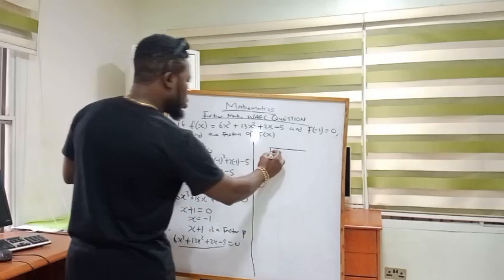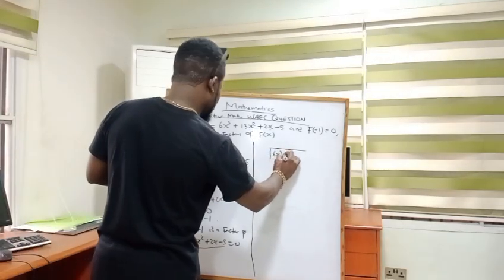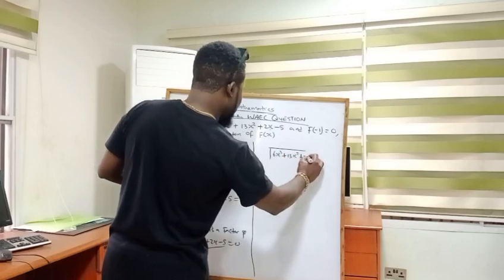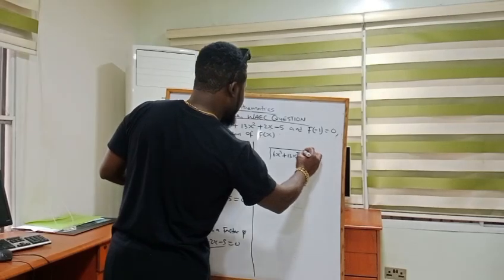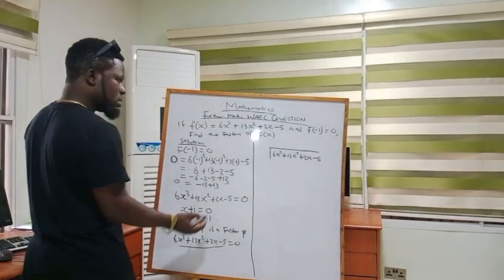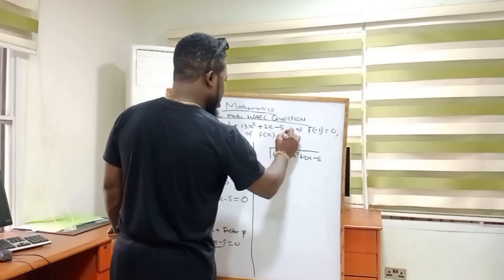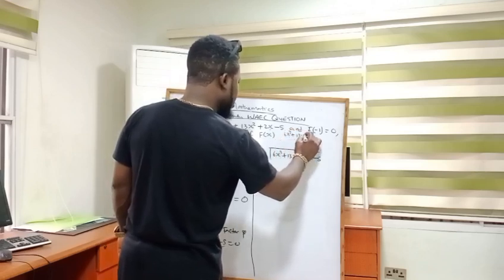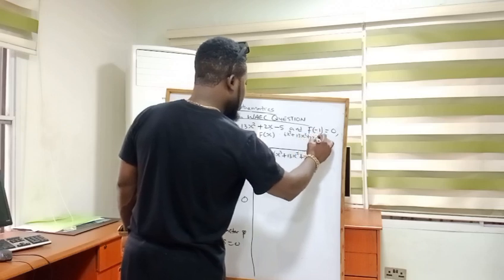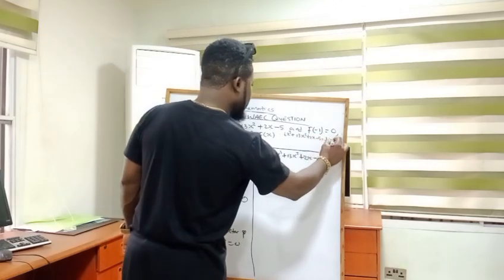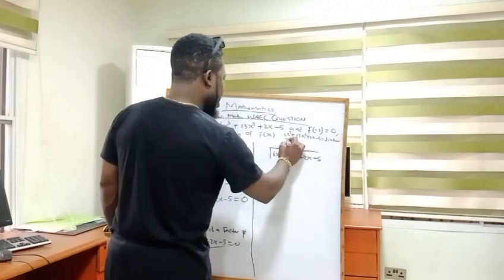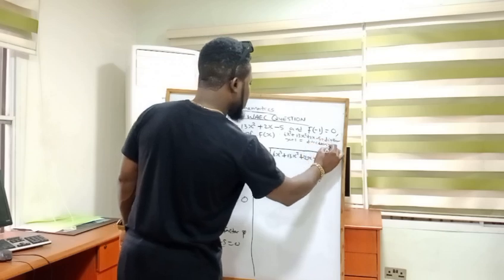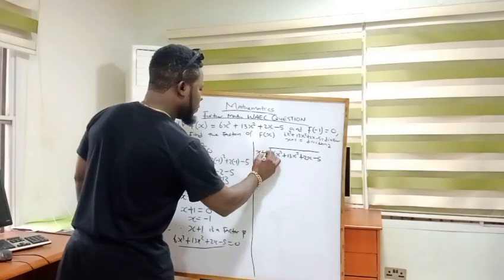So write 6x cubed plus 13x squared plus 2x minus 5 inside, and x plus 1 outside.